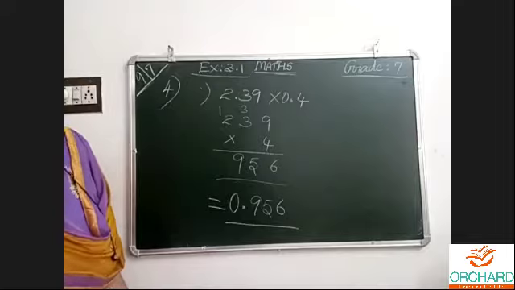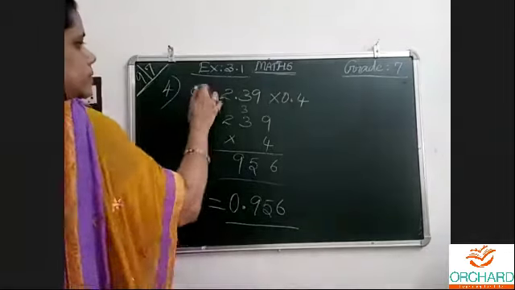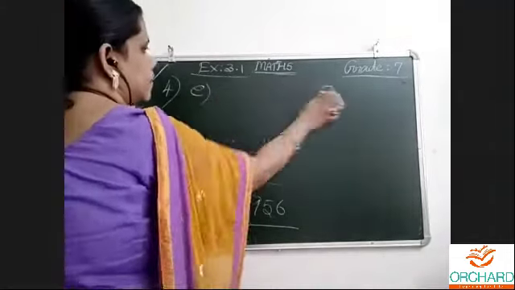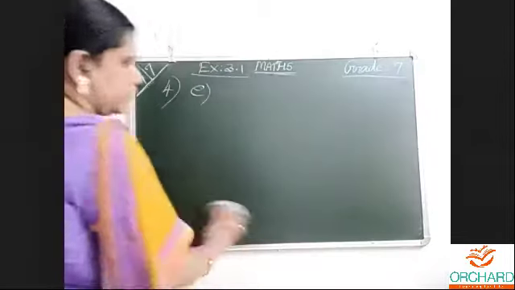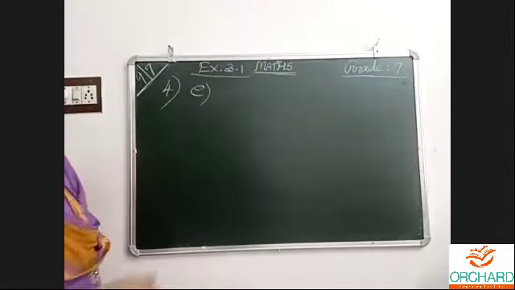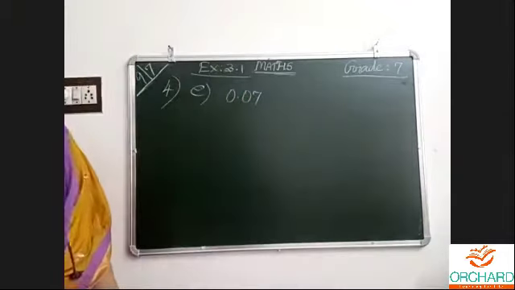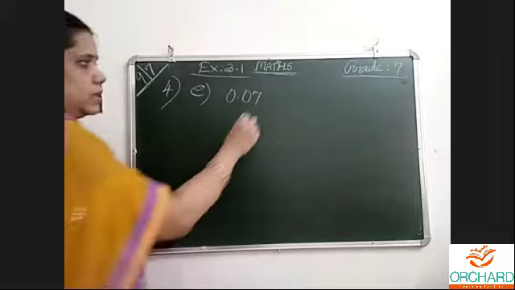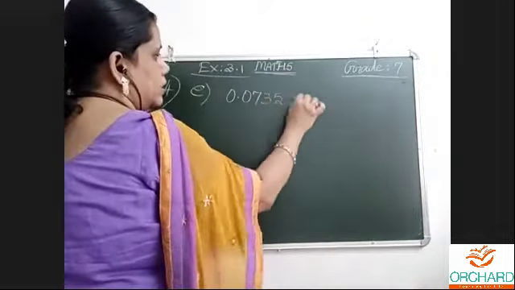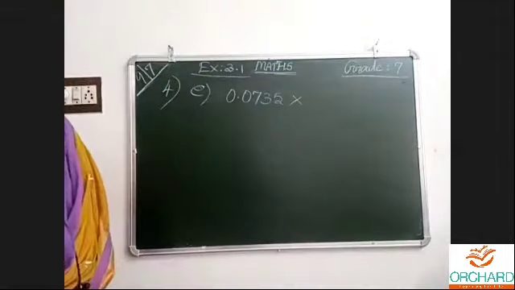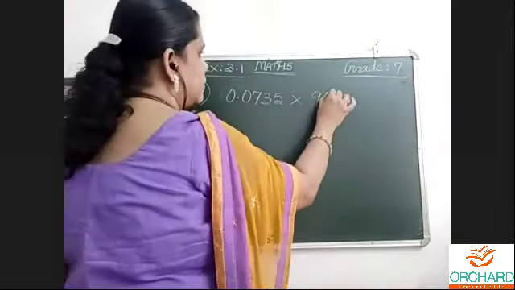Now, question number E. 0.0735. Shouldn't leave any mistakes while writing. 940.